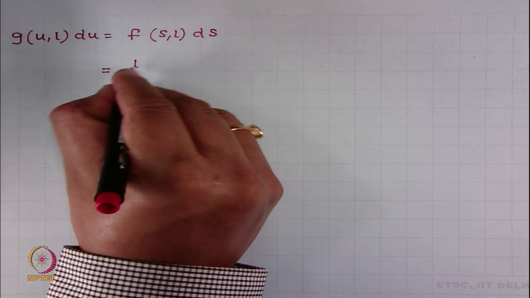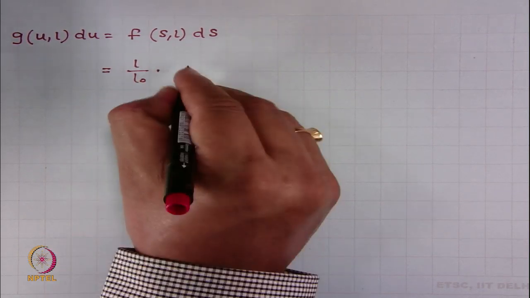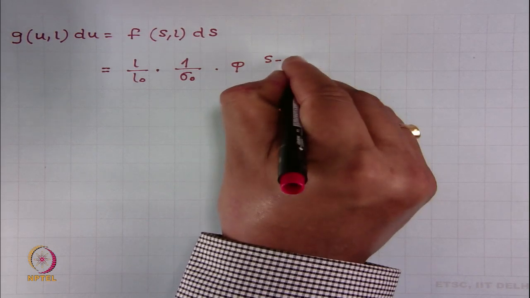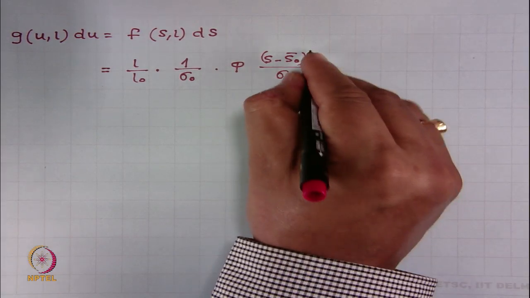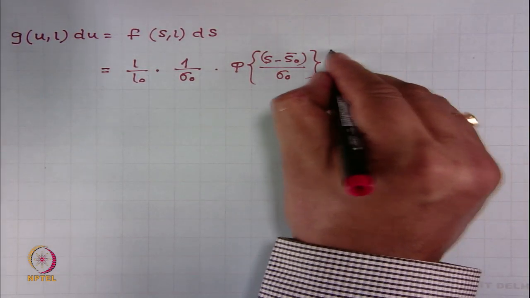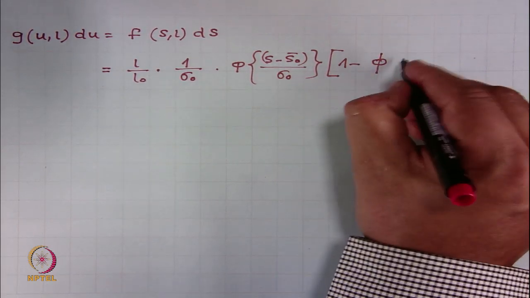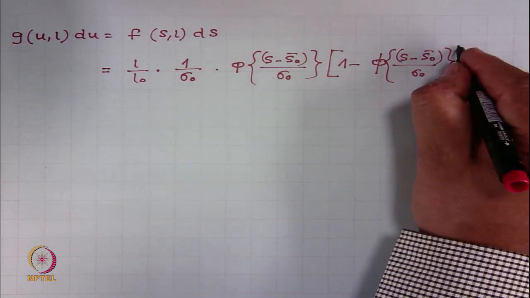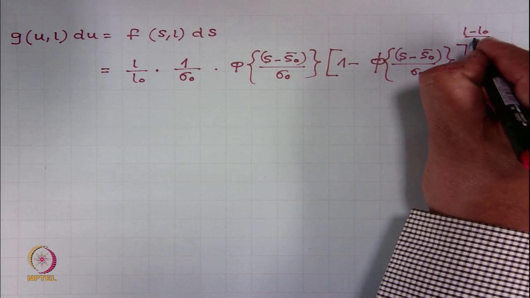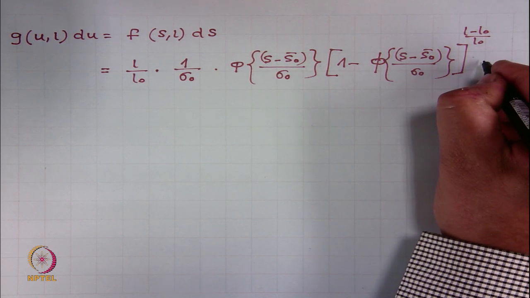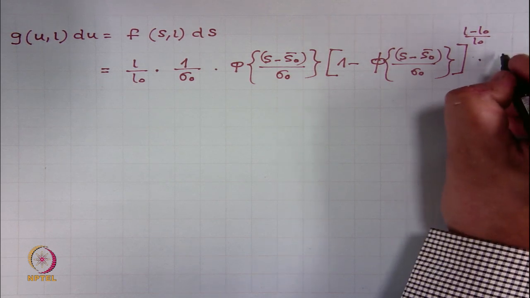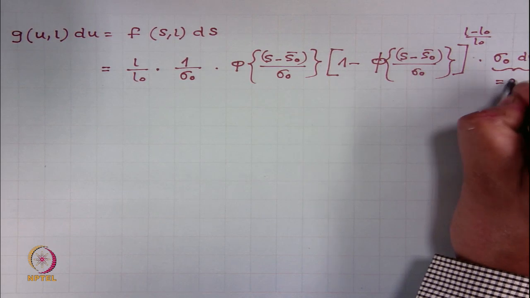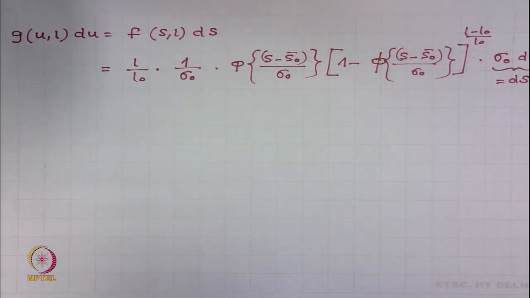This is equal to L by L naught into 1 by sigma naught into phi of (S minus S naught by sigma naught), into 1 minus uppercase phi of (S minus S naught by sigma naught), to the power (L minus L naught) by L naught, into dS. dS is sigma naught into dU, that is equal to dS, isn't it? So, this dU and this dU cancel out.